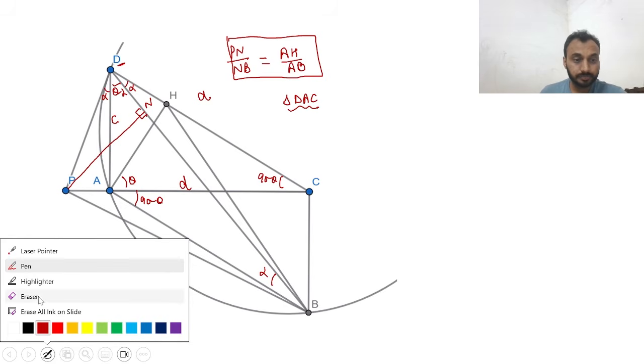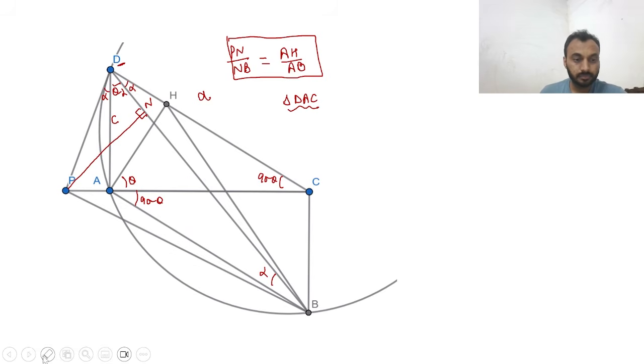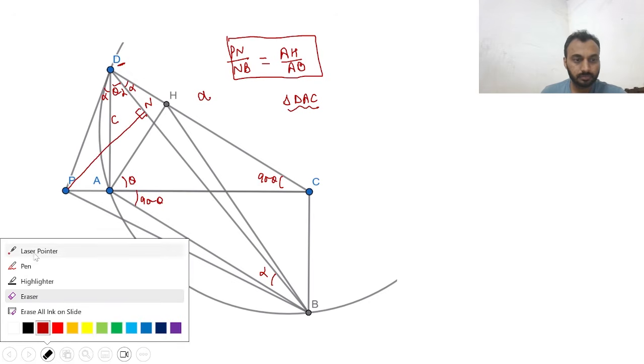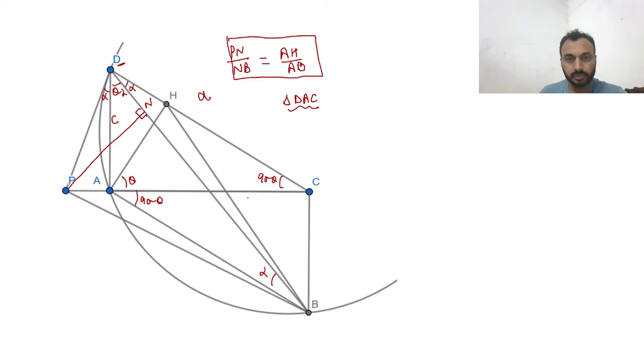And this length is G, and this angle is the sum of these two angles, which will be alpha plus 90 minus theta.